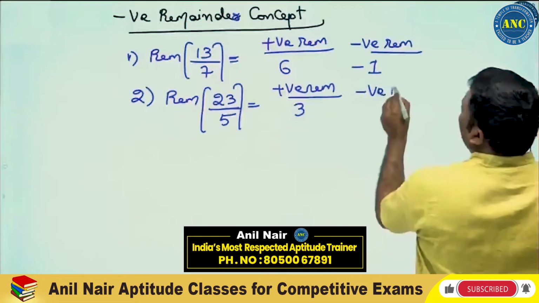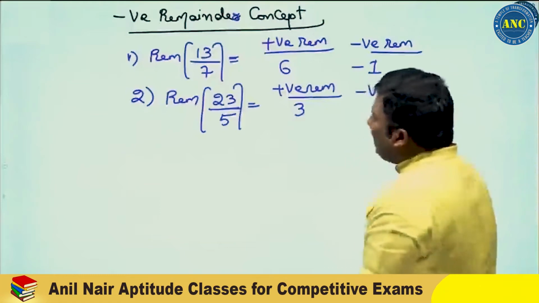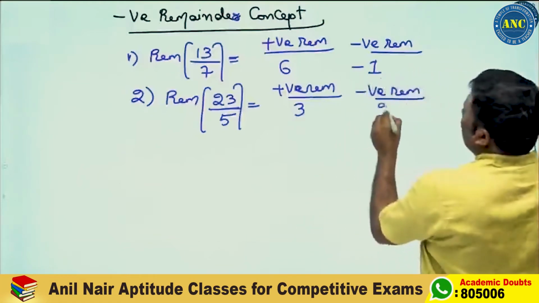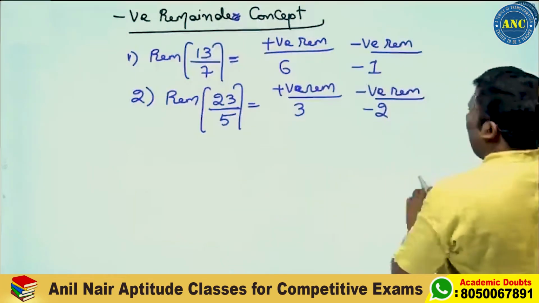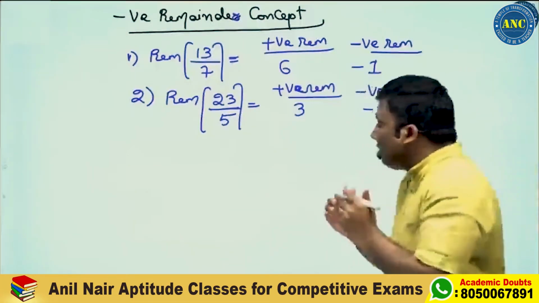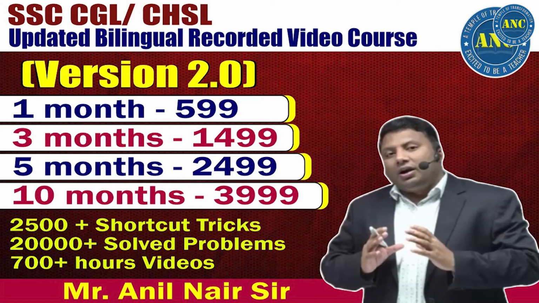Just take a number which is just greater than 23. 5 fives are 25. What is the negative remainder? It is nothing but minus 2. What do you mean by minus 2? 23 is just 2 less than 25. Therefore, it is minus 2.